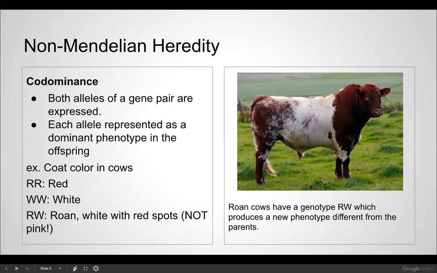You have A blood, B blood, and so forth. For coat color in cows, the pure red, the pure white, and if you have that cross between the parents, you're going to wind up having a cow that has both the red and the white. In other words, it's not going to blend like in incomplete dominance.